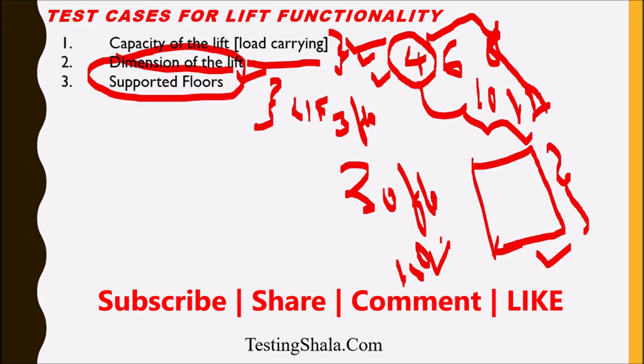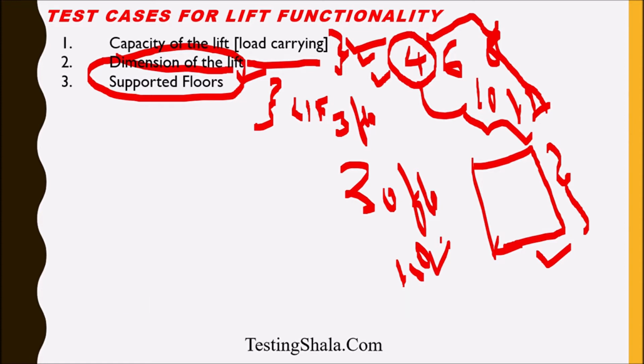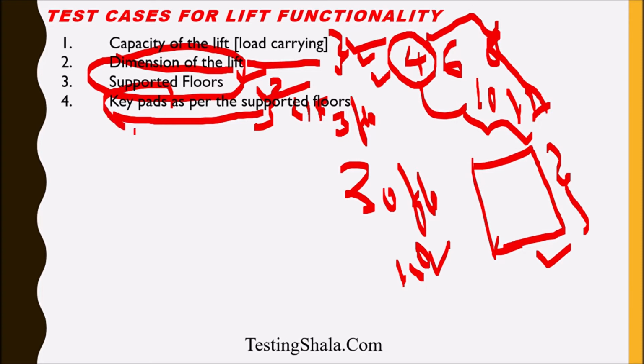So whatever the minimum basic specification has been given in the requirement for the lift, it should support those many floors, because based on the building floors, even the keypad panel within the lift has been manufactured appropriately. The fourth test case which I just spoke about is based on the supported floors, the keypad in the lift cabin should have appropriate keypads.